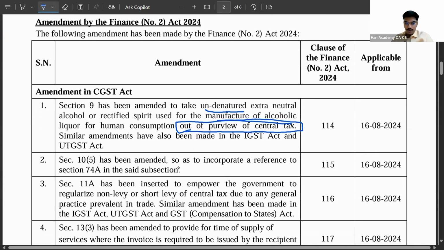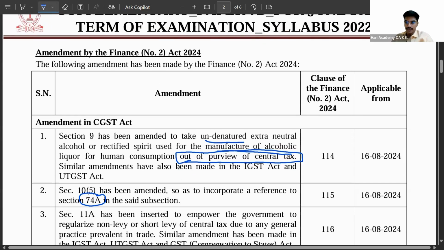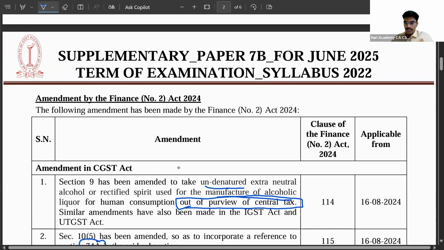Section 74A is a new section. I'll just explain the background to this. This will be coming again and again. It is in relation to all these assessment proceedings. Earlier there were two sections, section 73 and section 74. Section 73 is for normal cases, 74 is for fraud cases. Here generally the period was 3 years.